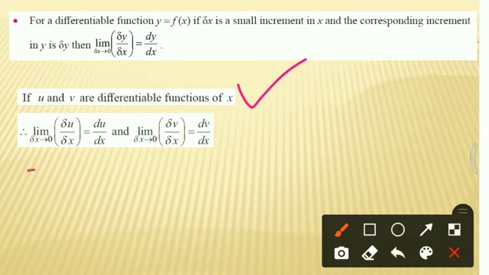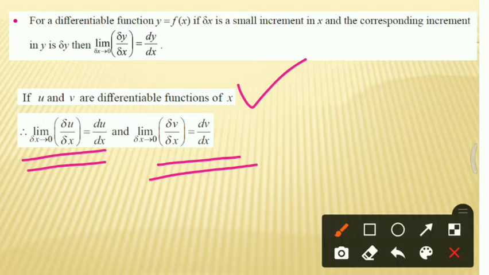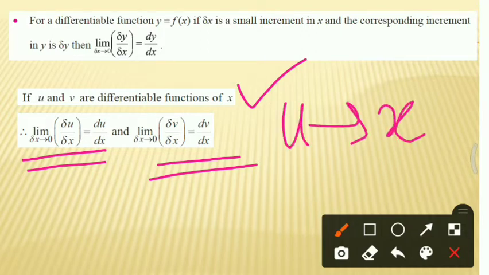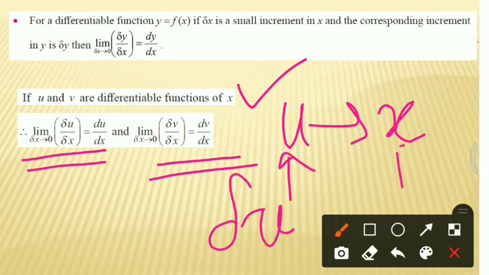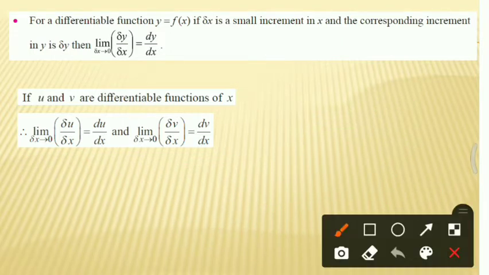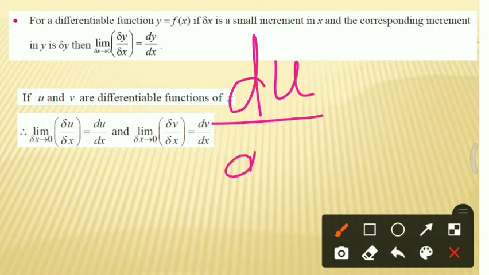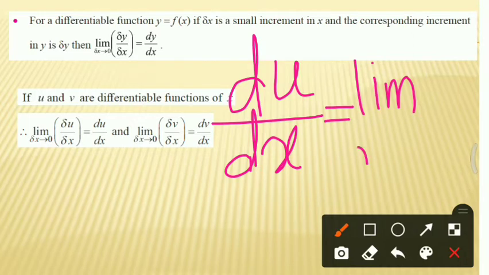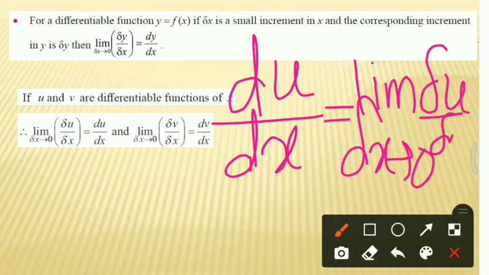Now, by using Leibniz notation, we can write: u is a differentiable function of x, means suppose a small increment in u is delta u and small increment in x is delta x, then by using Leibniz notation, derivative of u with respect to x, that is du by dx, can be written as limit delta x tends to 0 delta u divided by delta x.